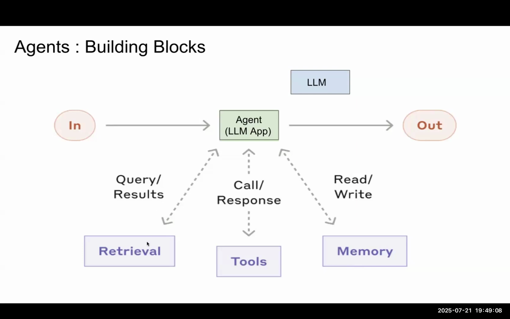It basically retrieves some context, and then it may or may not use tools. If you go back six or eight months, nobody was using tools. Tools came later, but imagine it used some tools for some transformation or something. And then here I have memory.